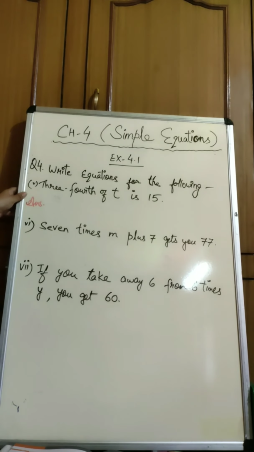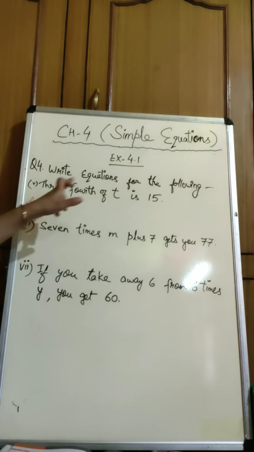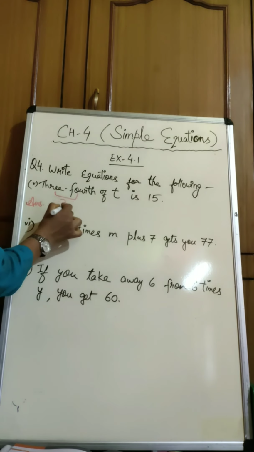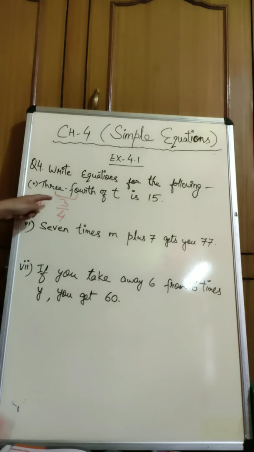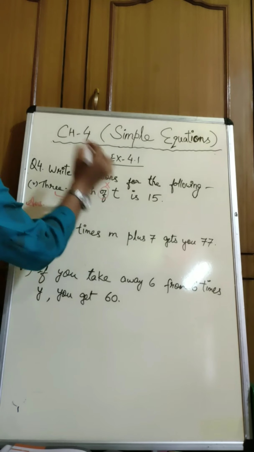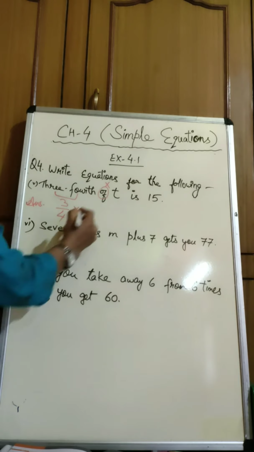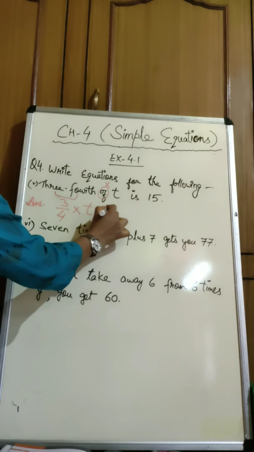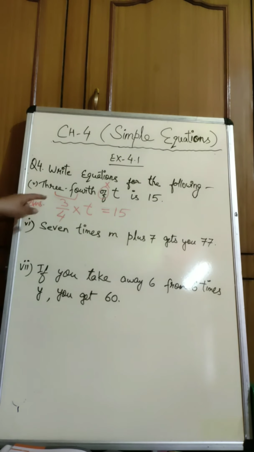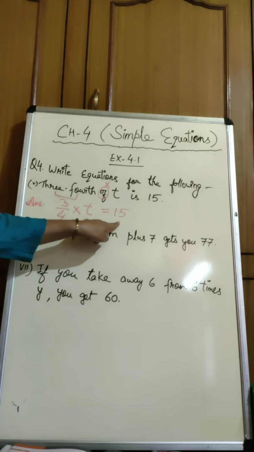Now the fifth part: 3/4 of t is 15. How do you write 3/4? 3/4 means 3 upon 4. Of means into. So 3/4 of into t is equal to 15.